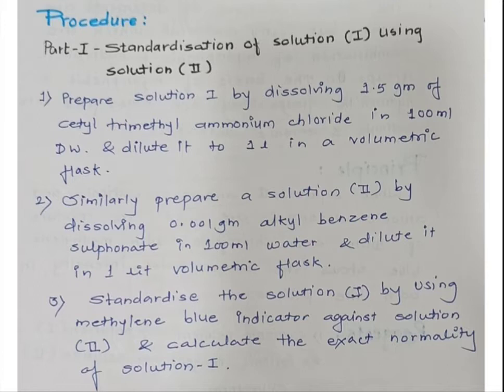Solution 2 is in the burette, solution 1 is in the conical flask, and use methylene blue indicator. From this titration we are going to calculate the exact normality of solution 1, that is the cationic reagent's normality.